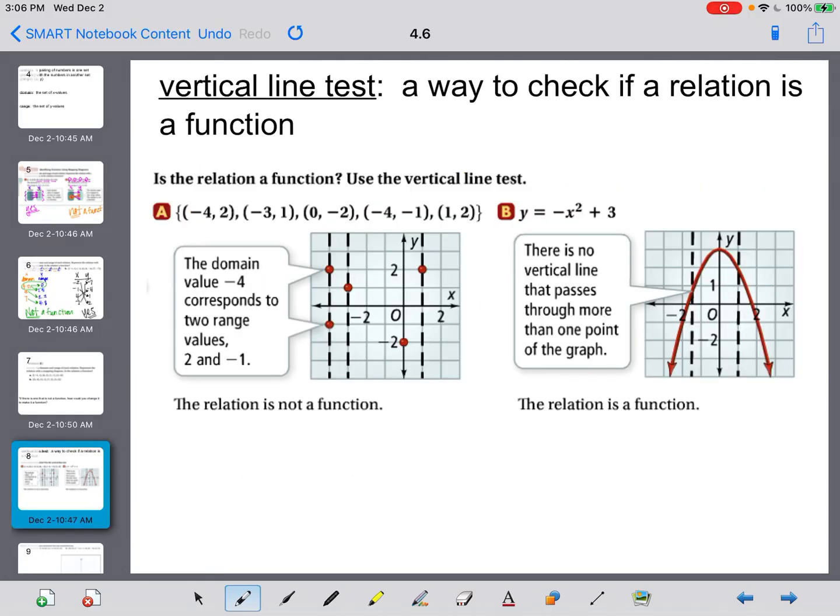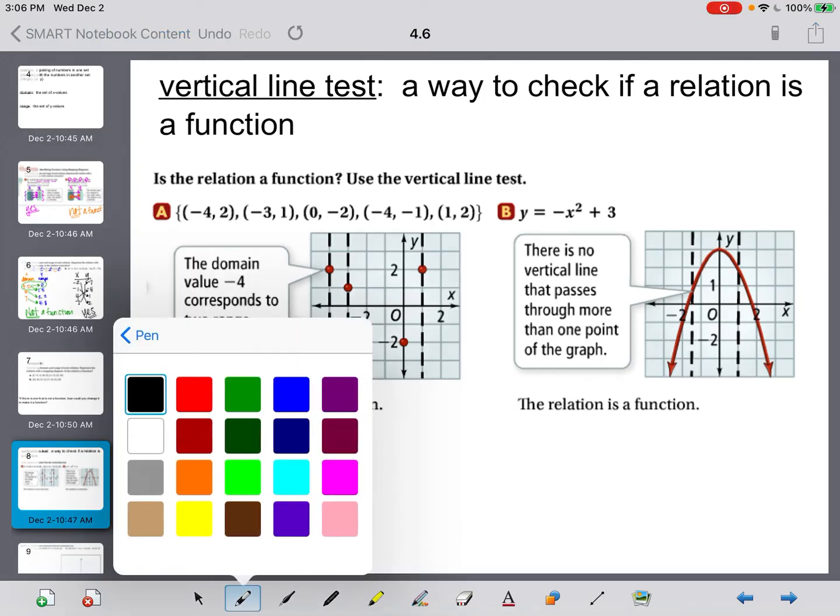The vertical line test is a way to check if a relation is a function besides making the mapping diagram like we have done. If they give you this list of values, you can actually graph them, like they did here. See the red points. Then you draw vertical lines, or even just take your pencil and use that.